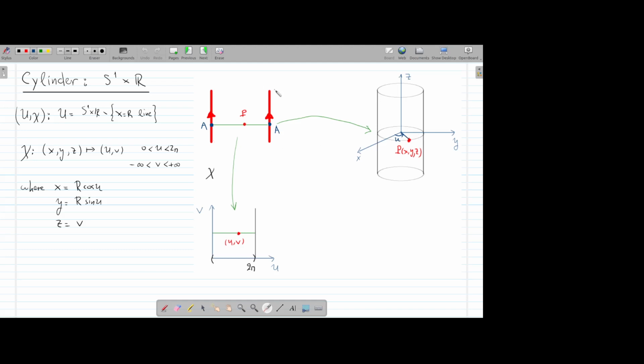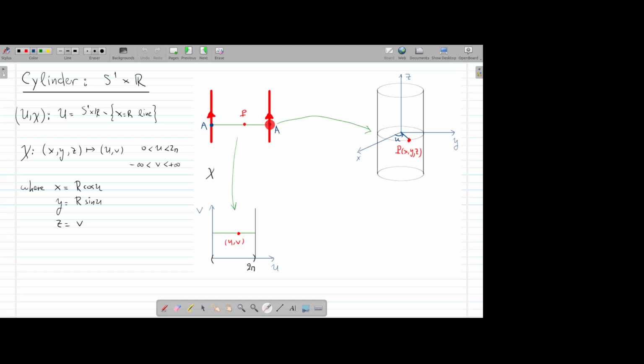But we can use this representation to understand what happens on the cylinder in a much simpler way. So, for example, let's consider this curve on the cylinder and understand what it is. This curve starts at the point A, moves on in this direction, and then, quote unquote, ends at this point here.